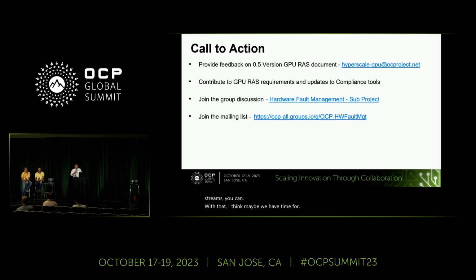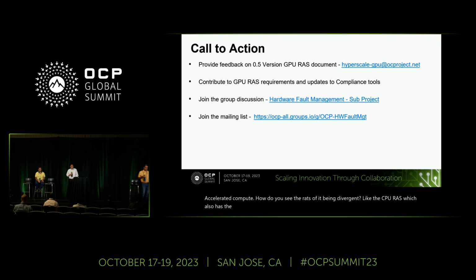Maybe a question to Vishal. So GPU, given now it's in the main line for accelerated compute, how do you see the RAS of it being divergent from the CPU RAS, which also has the same memory components? GPU will become the compute in a way, right? So can we piggyback on some of the RAS things around the CPU, which are already kind of mature?